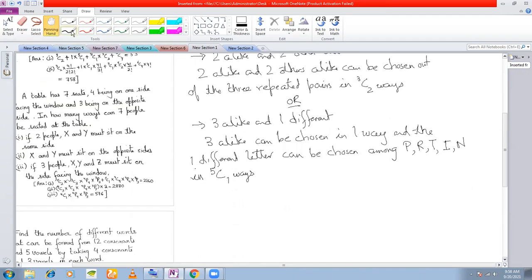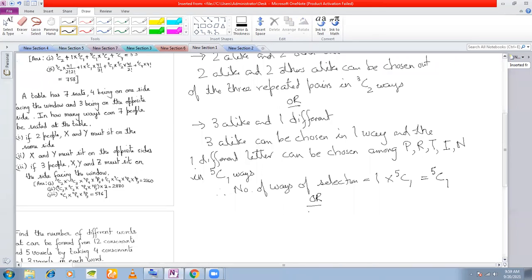Therefore, in this case, the number of ways of selection is 1 into 5C1, which is equal to 5C1. Okay, we'll see it later.